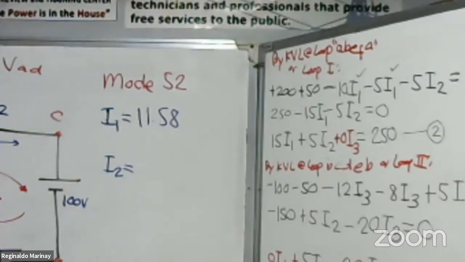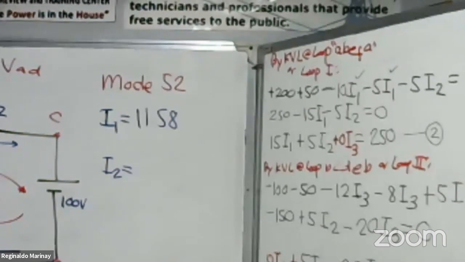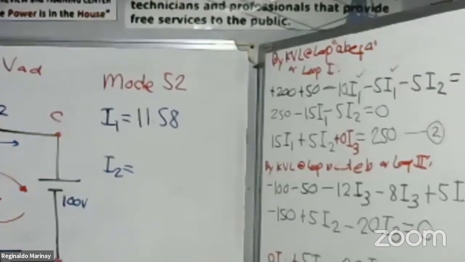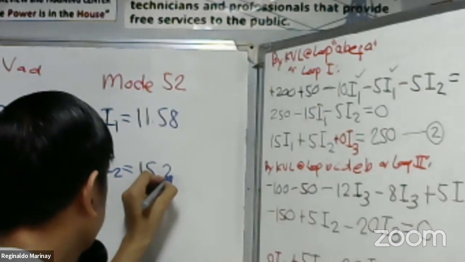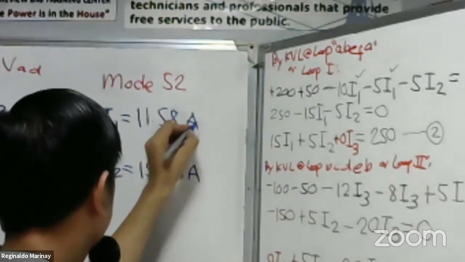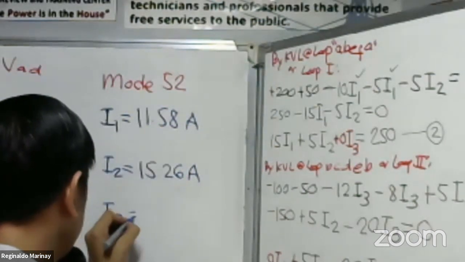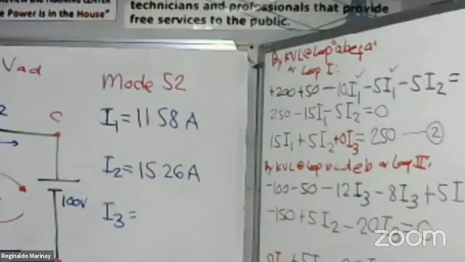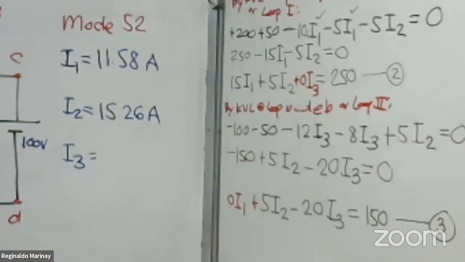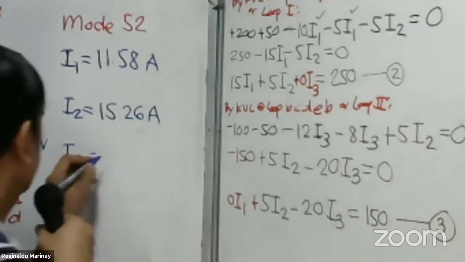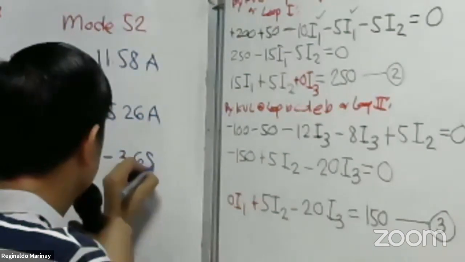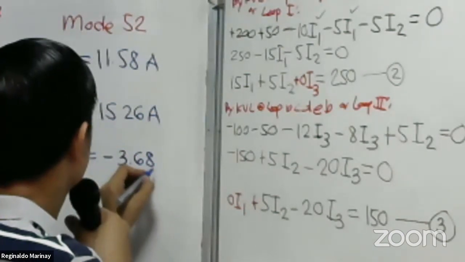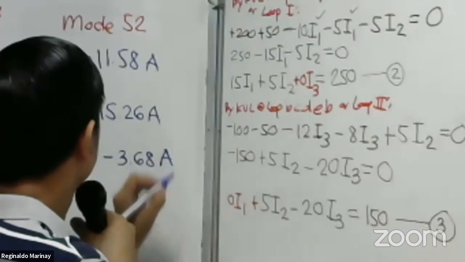Another equals. There is a fraction but you have to press your SD, that is above your del. So that is 15.26. What about our I3? That is negative 3.68 amperes.